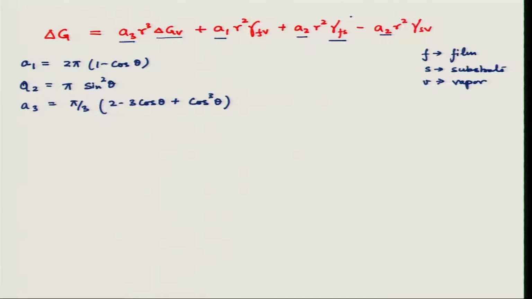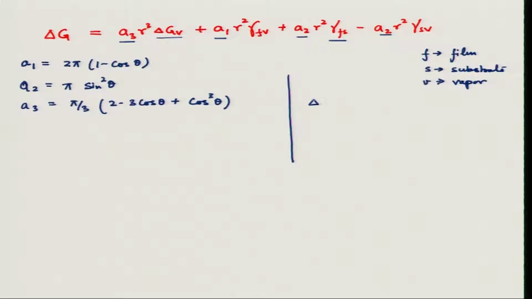Now, if we were to compare this with homogeneous nucleation in a solution where a spherical nucleus is formed, then delta G in that case would be 4 by 3 pi R cube, the volume of the nucleus, times the change in free energy per unit volume, plus 4 pi R square, the area of that sphere, times the surface energy.